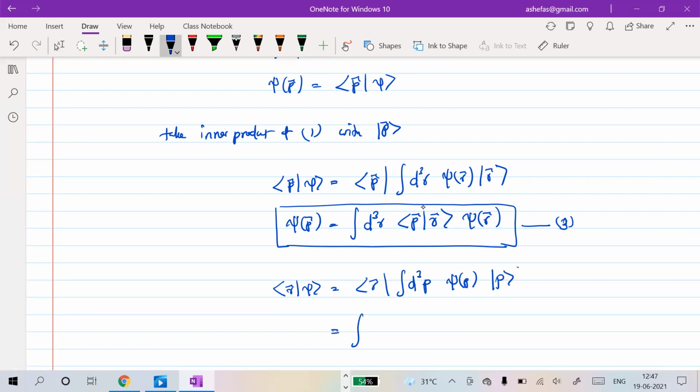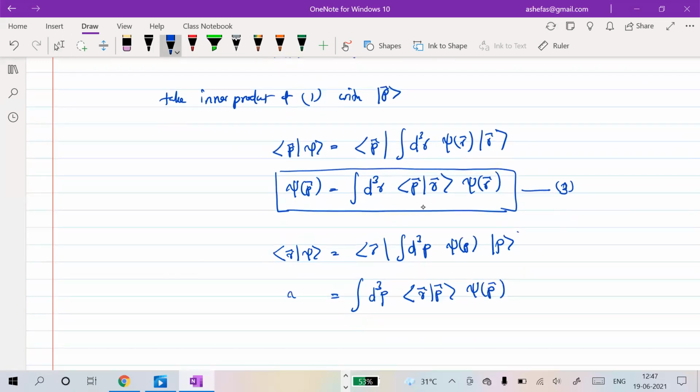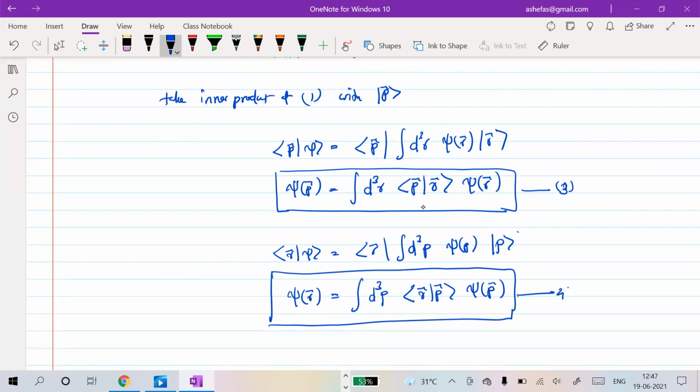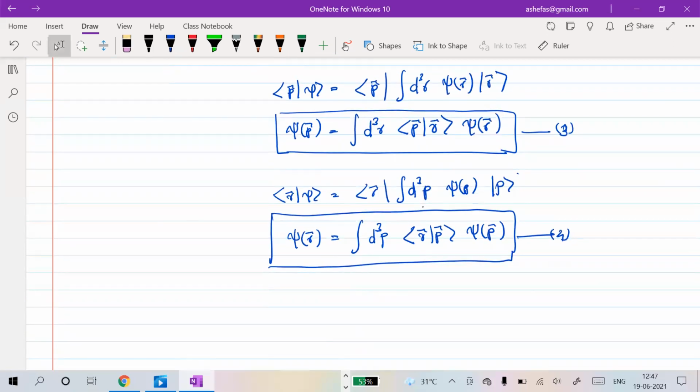So this becomes integral d cube p, the inner product r p, psi of p. And the left side was psi of r. Here I have expressed the wave function in the position basis in terms of the wave function in the momentum basis.